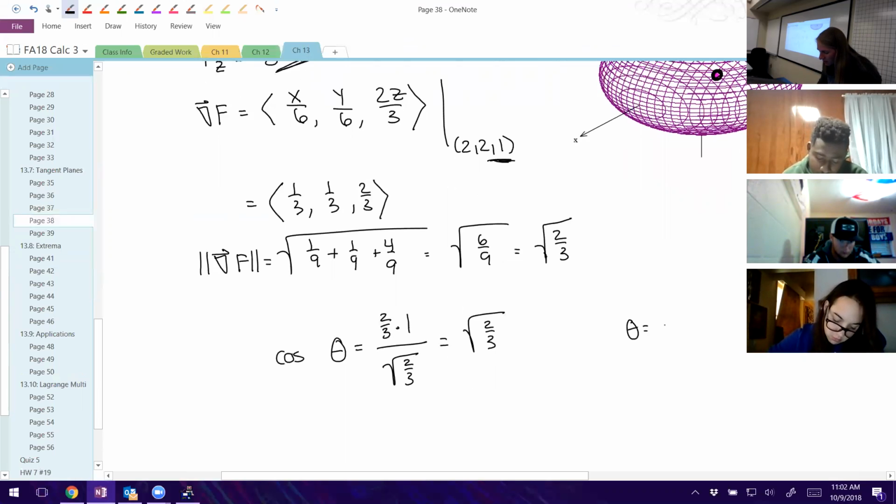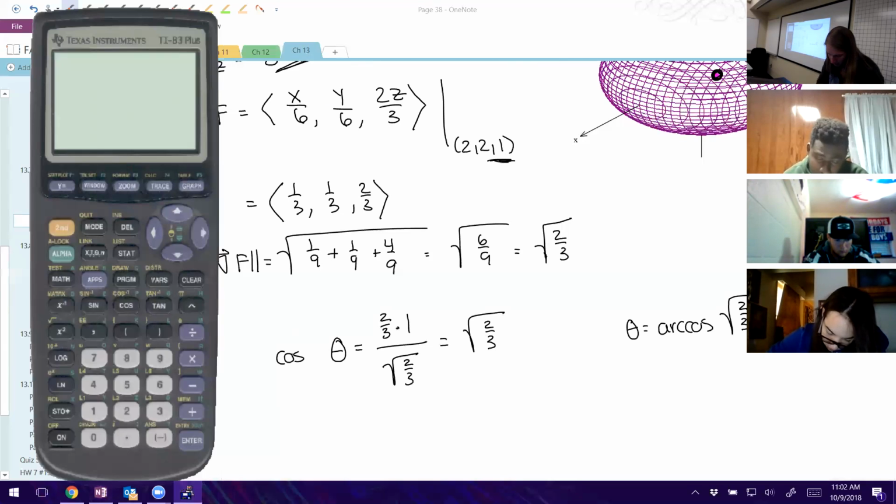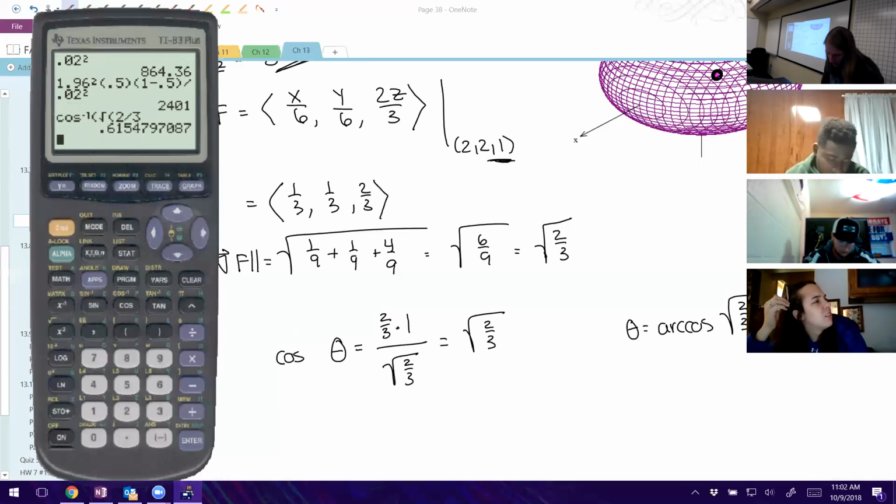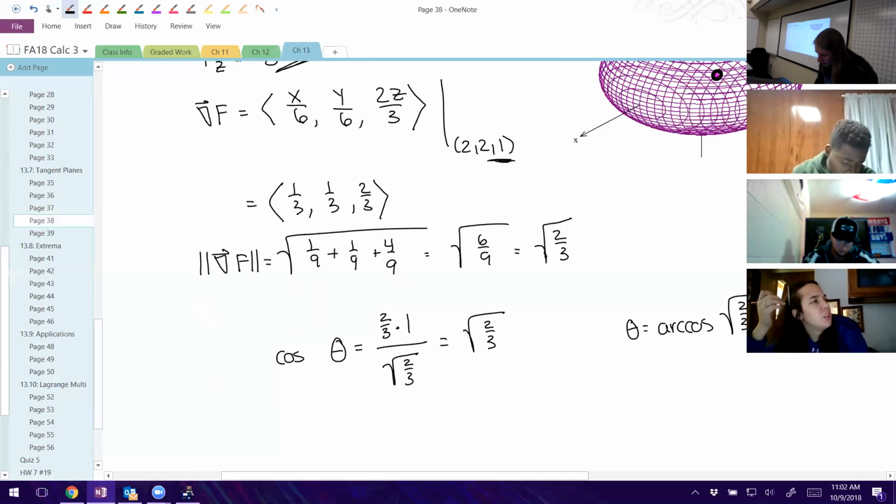So the exact answer for theta is going to be the arc cosine of square root of 2/3, which is approximately, on my calculator, and that is in radians, so about 0.62 radians. And then whatever that would be in degrees, I don't know.